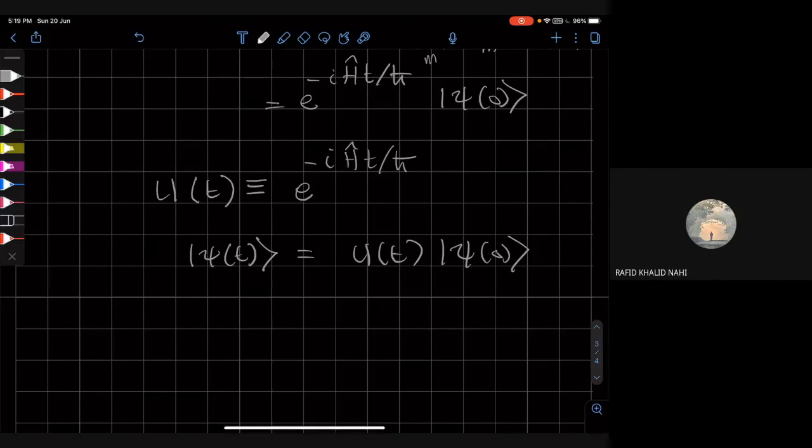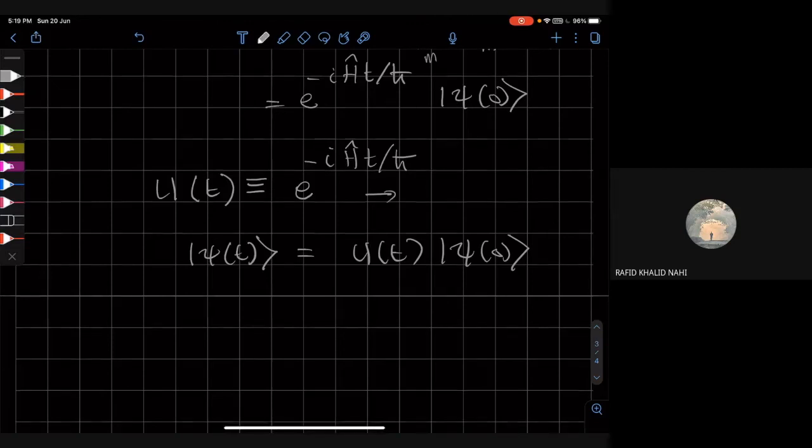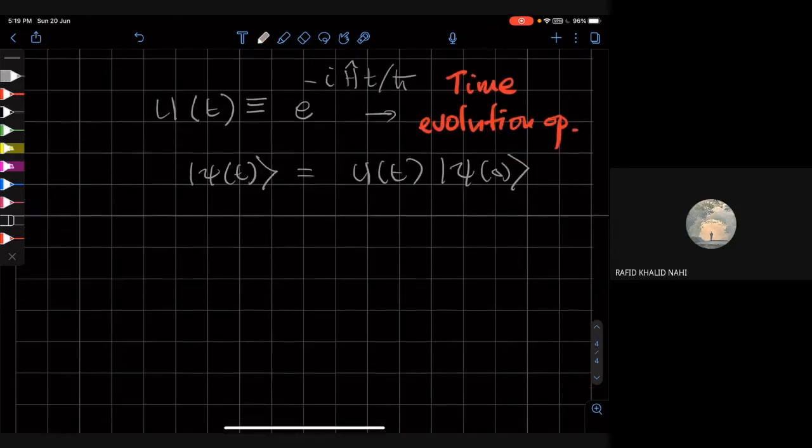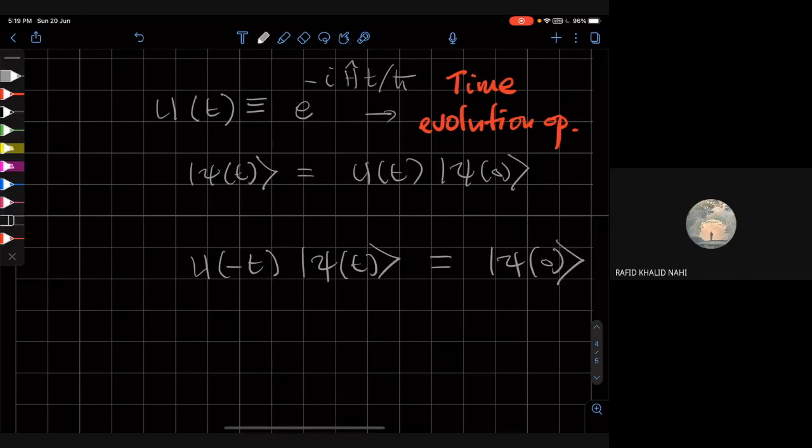And this operator is known as the time evolution operator. And it evolves the system forwards in time. So if you apply U of minus t on, say, psi of t, then you will get the system evolved backward in time. Okay?